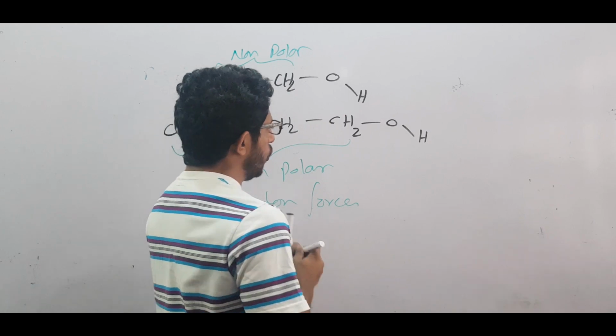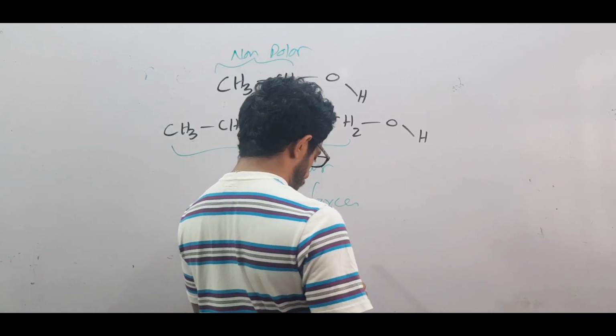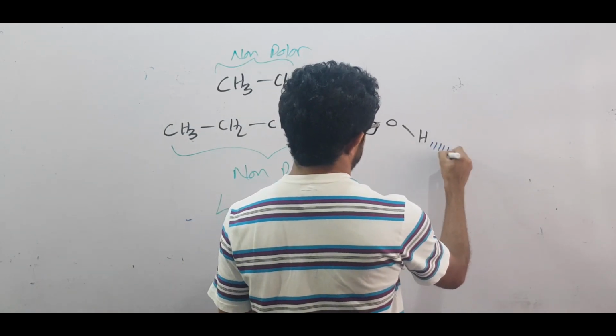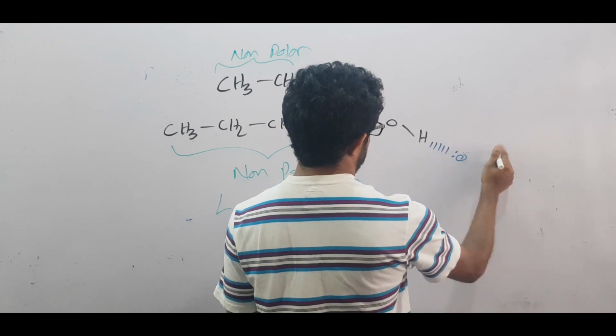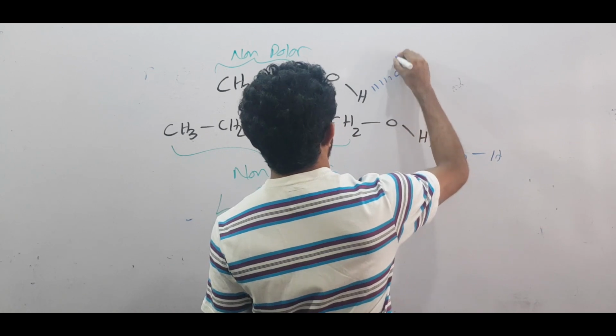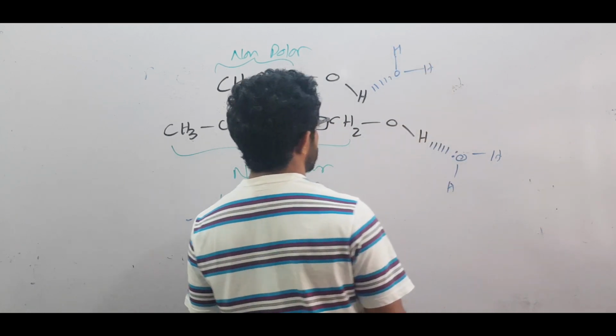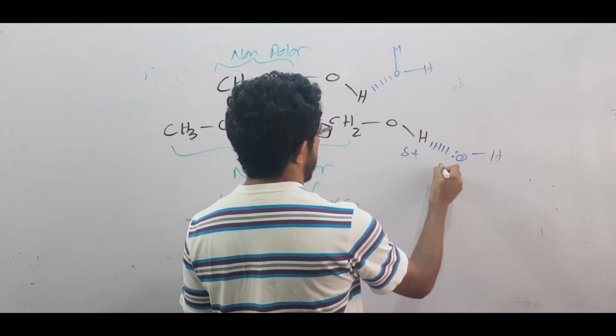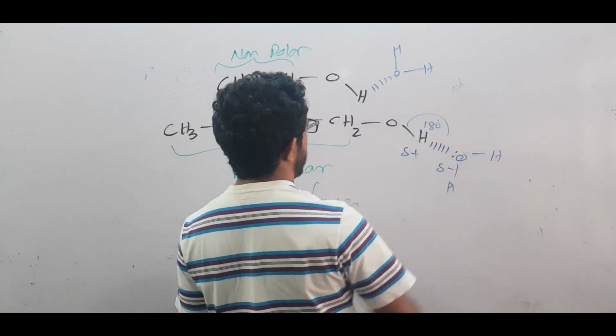So the OH group can form intermolecular hydrogen bonding with water. So delta positive, delta negative, 180-degree bond angle.